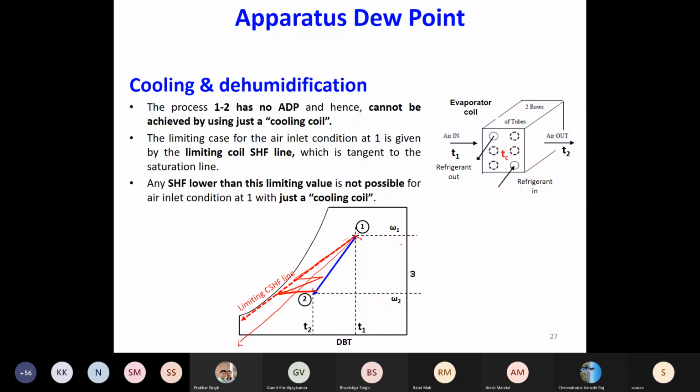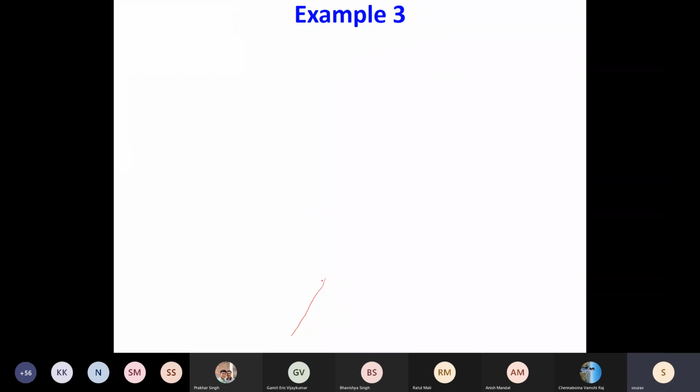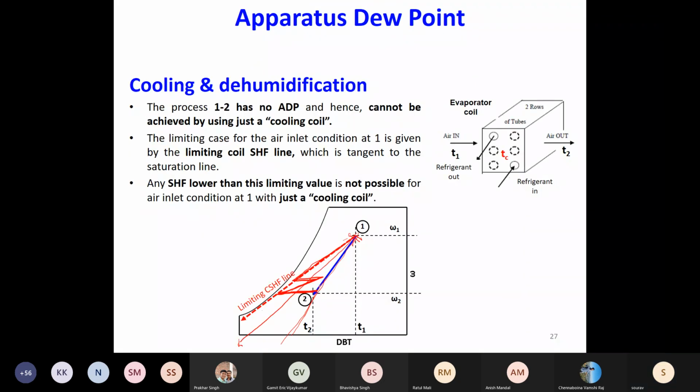So cool, reheat, cool, reheat. Okay, in the experimental setup also we had one cooling coil and one reheating coil. When your desired process lines do not yield any apparatus dew point, if you extend this line, it will never touch the RH equals 100 line. Then you have to resort to such multiple staging of the process lines. Cool, reheat, cool, reheat. I'll stop here.